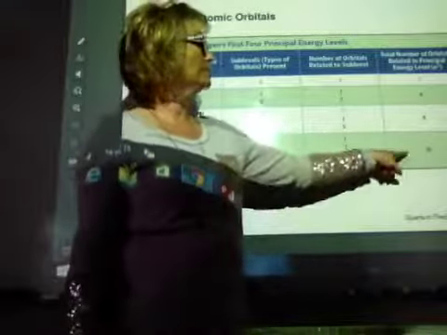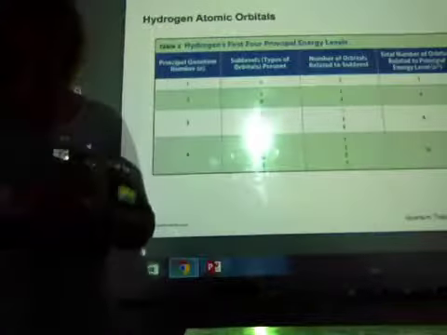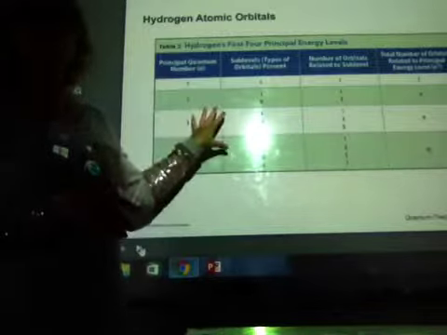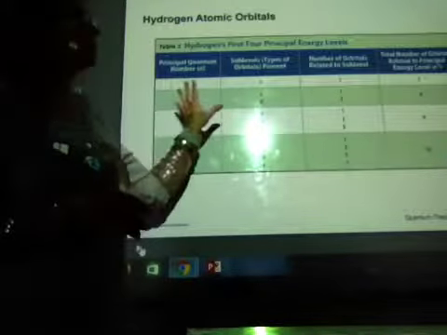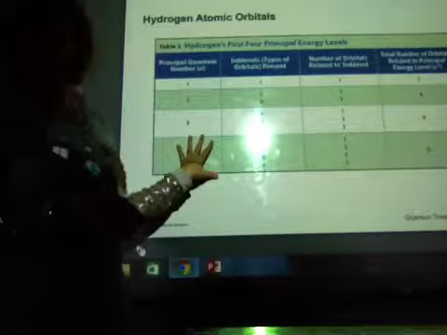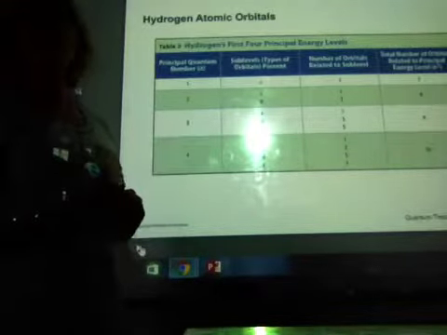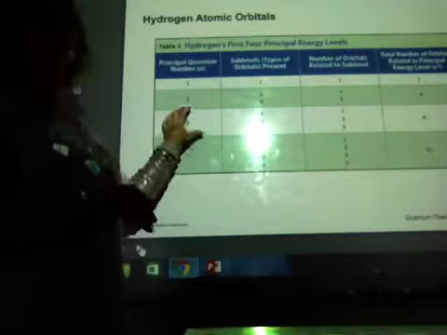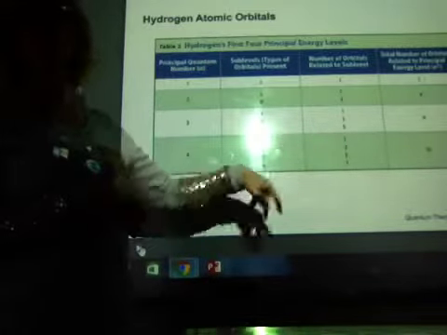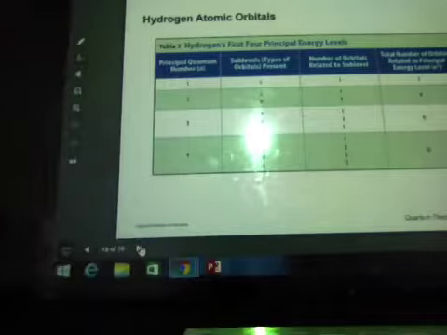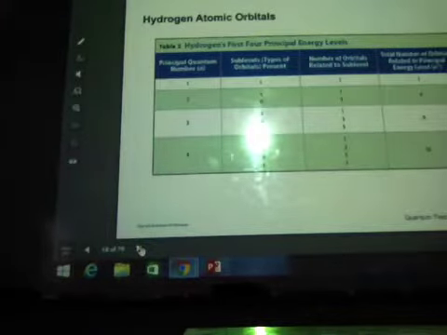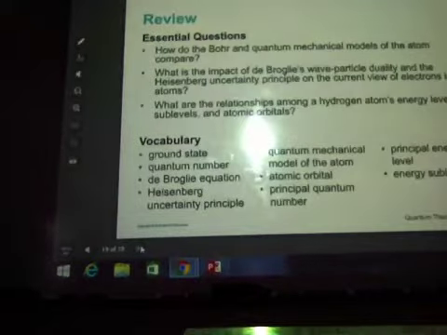Total those up, I get 16. So right now, other than memorizing this table, I don't expect the numbers to mean much to you. After we do the lab, I expect that you know what those numbers mean. And the last is just your review page.